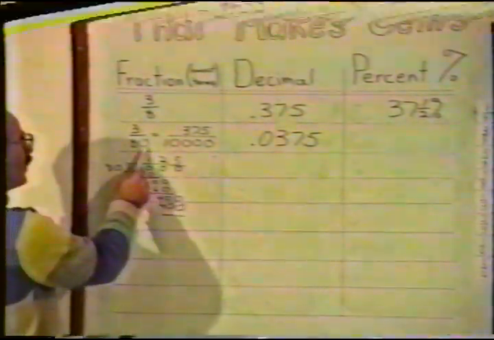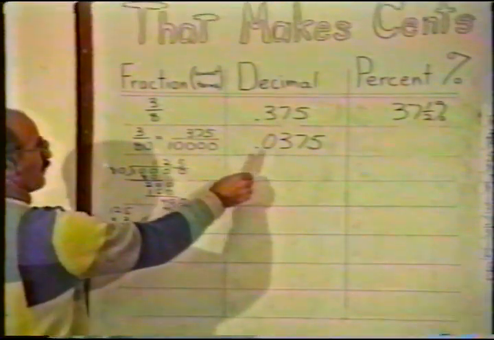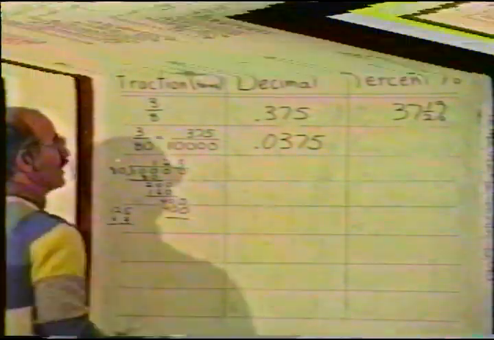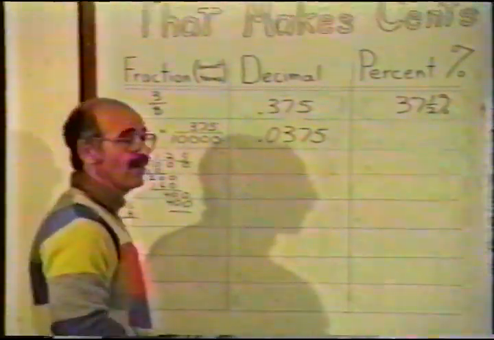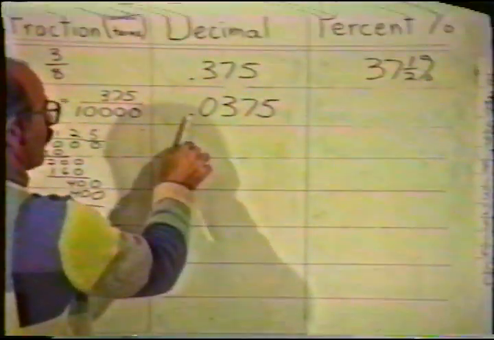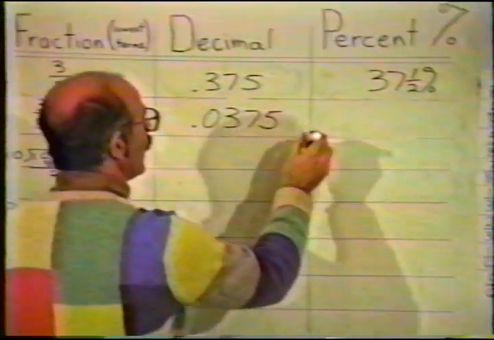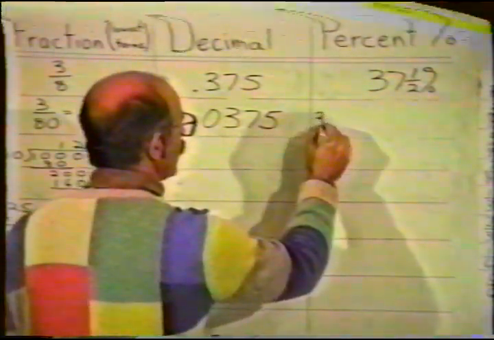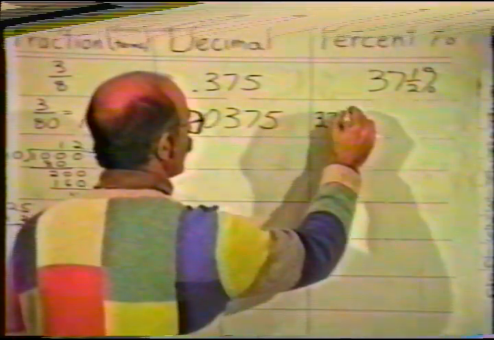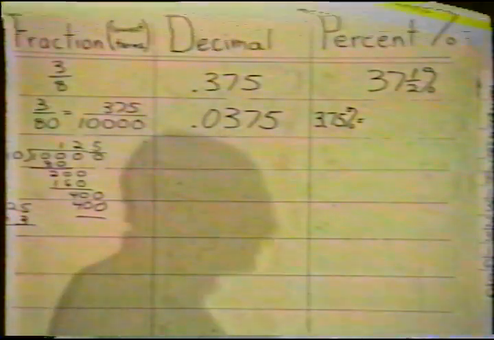The 0 here made us go back a space from 375 to 0.0375. Now let's change it to a percent. Move it over 2 places. The decimal point goes between the 3 and the 7. 3.75%.